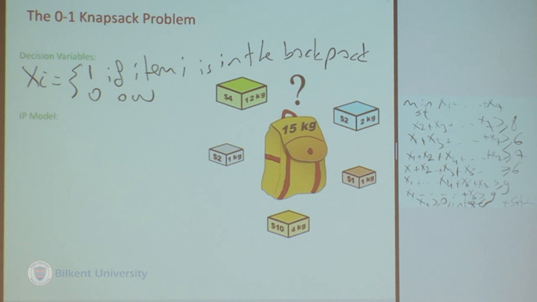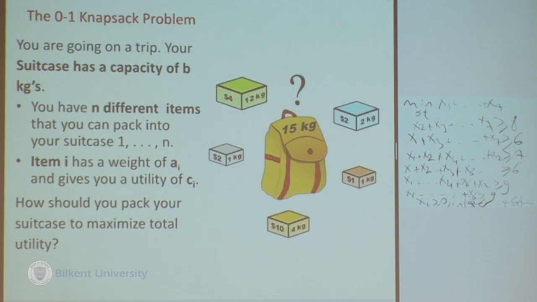You either put it or not. There is the integer variable version too, like if you have 3 jackets, whatever. But the standard knapsack is if you put it there or not. You only have one of those, and you're trying to figure out which ones to put in your backpack.